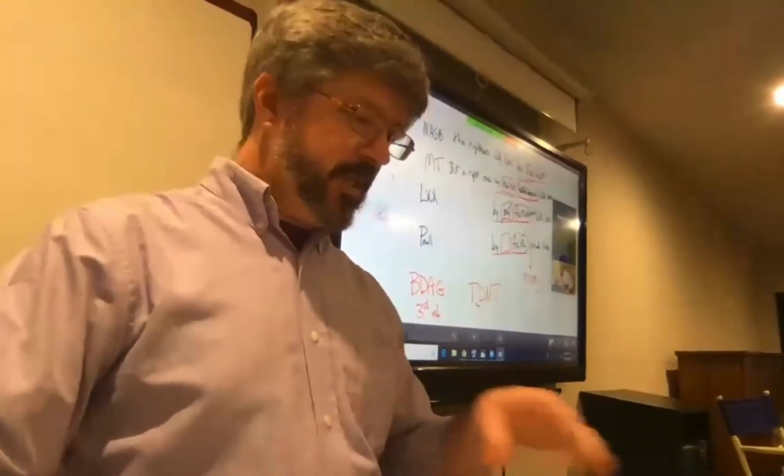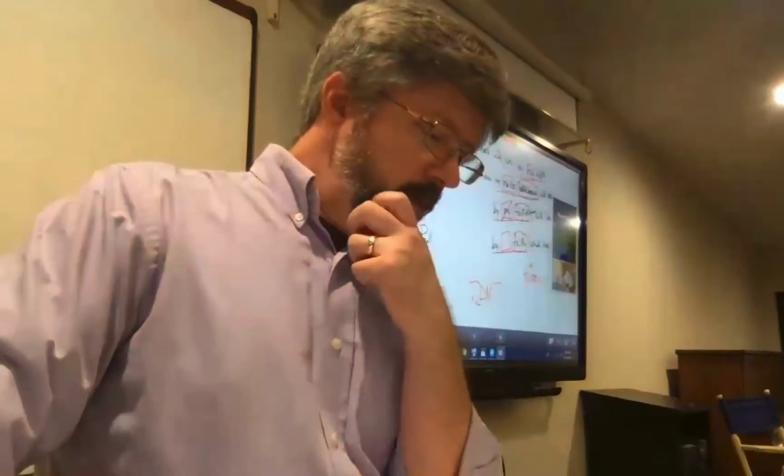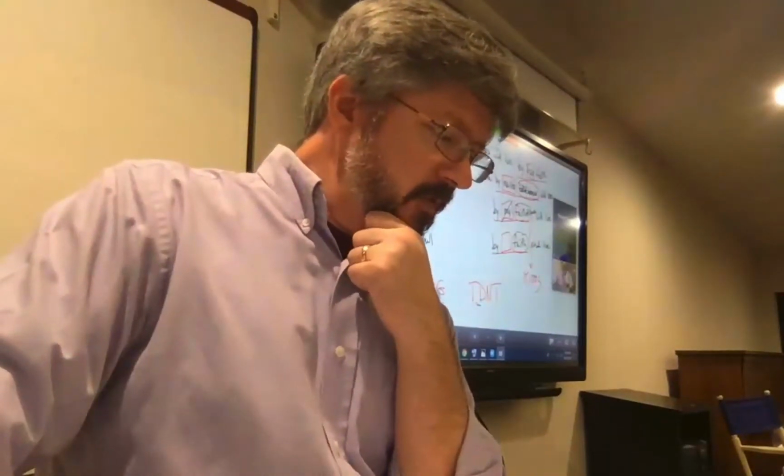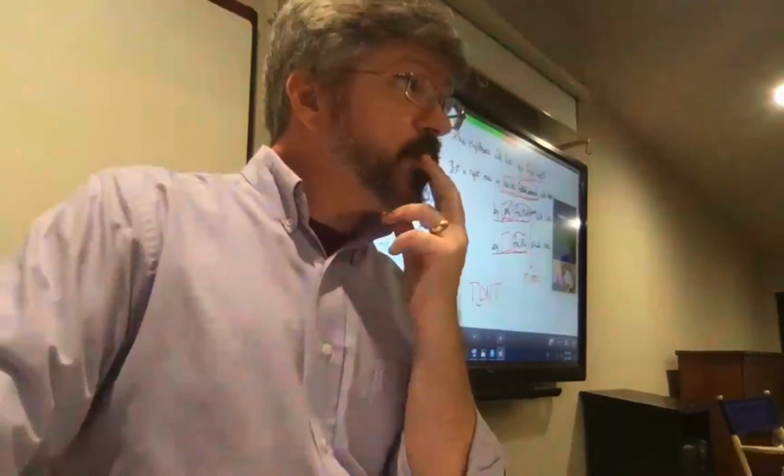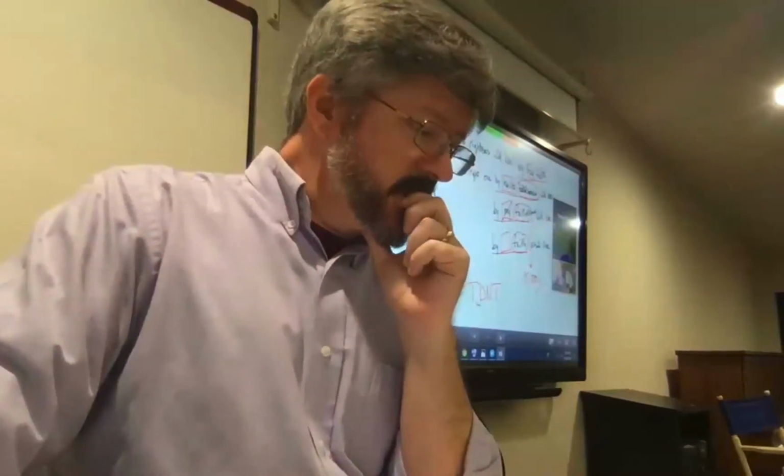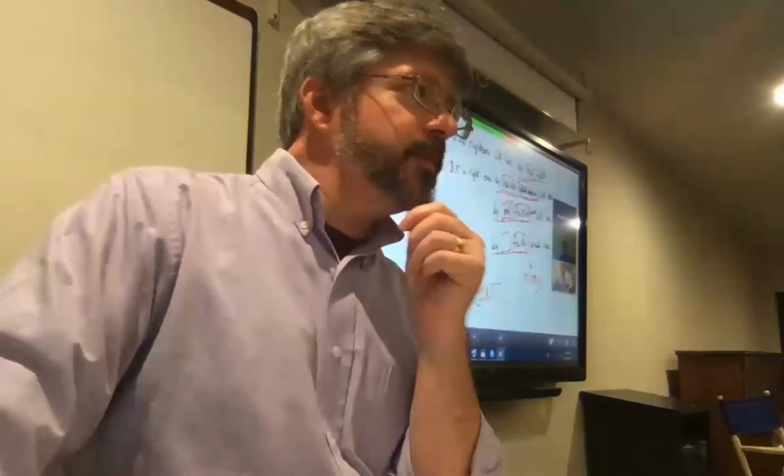Okay, so in chapter 10, in that portion we just read, what's the first Old Testament reference that you see? Verses 5 and following. So starting in verse 5, what Old Testament references do you see?